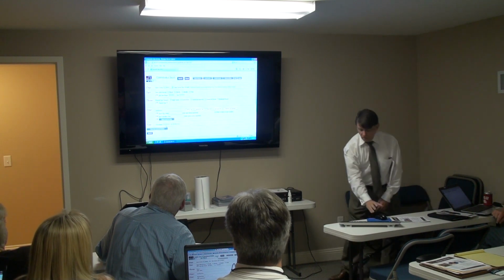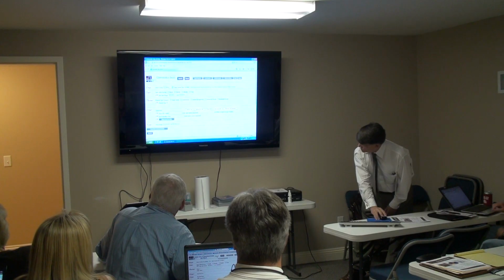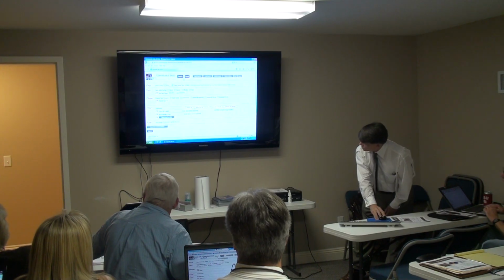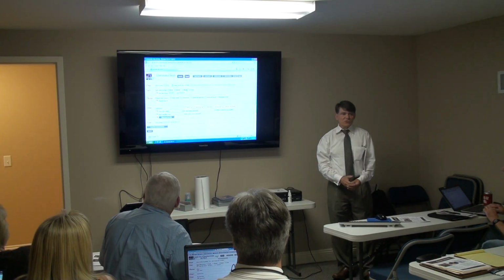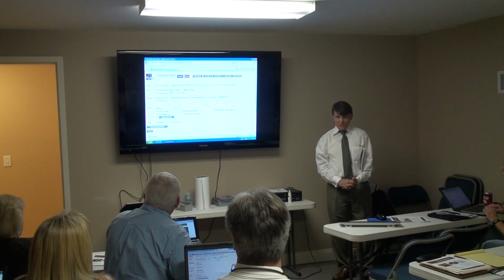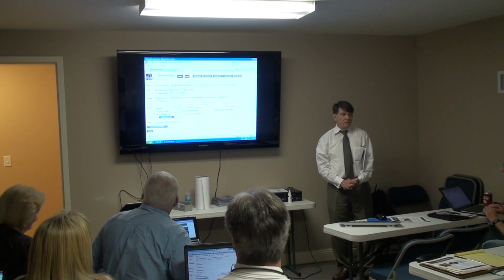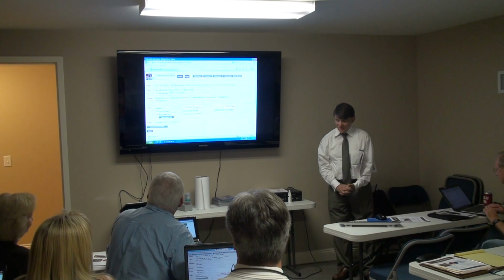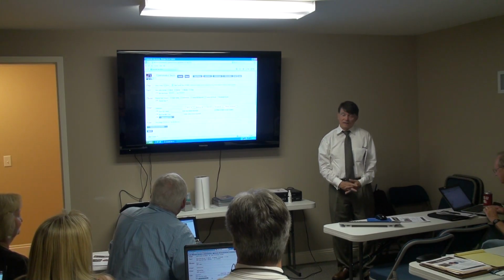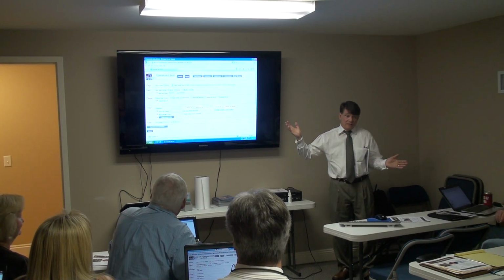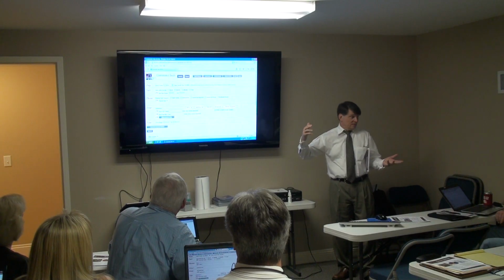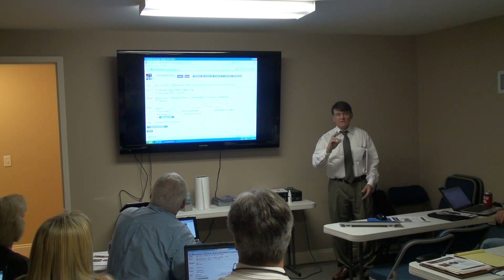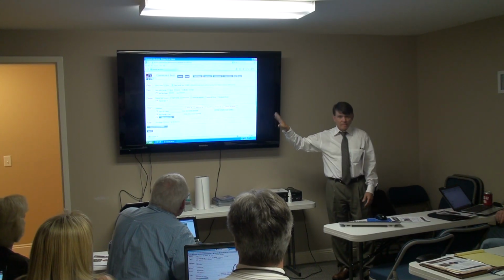Now, I'll just do it real quick. Notice you got search here and search here. And somebody asked me yesterday, why do we have it in both places? And did it matter which one you use? At first, I just thought the programmer decided to put one at the top and one at the bottom so you could do whichever one you wanted. But then I thought, it's for tablets.